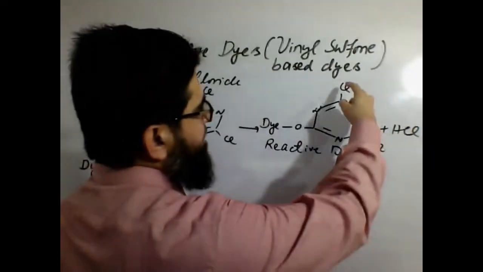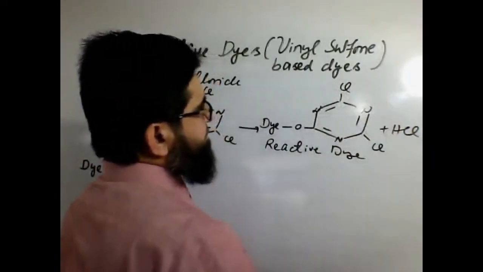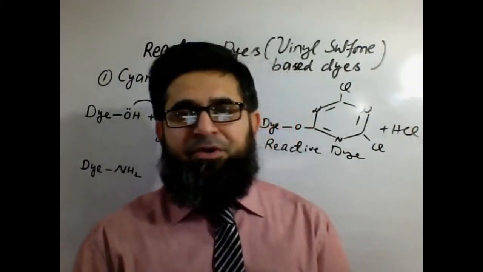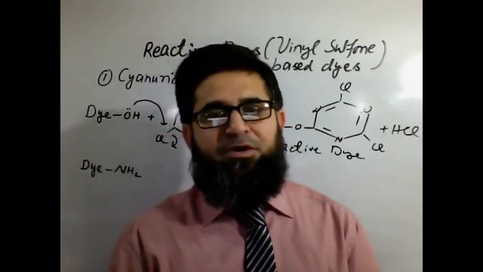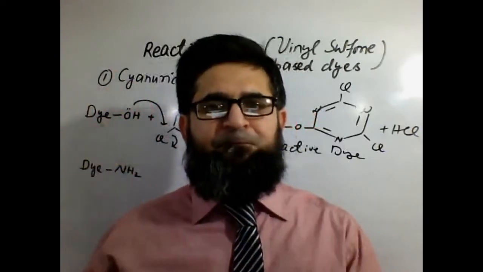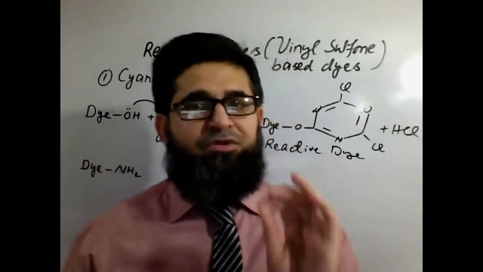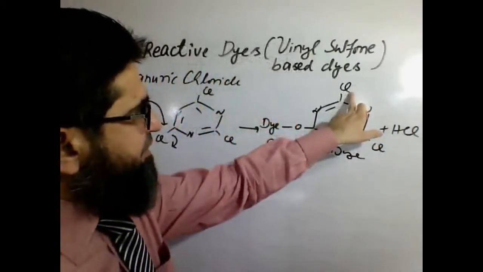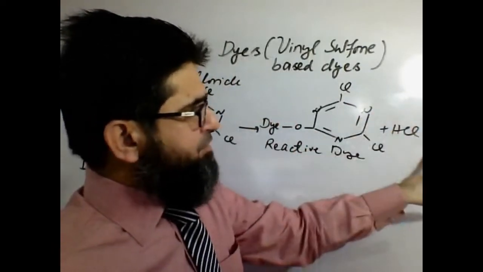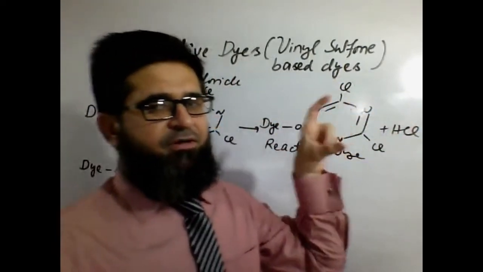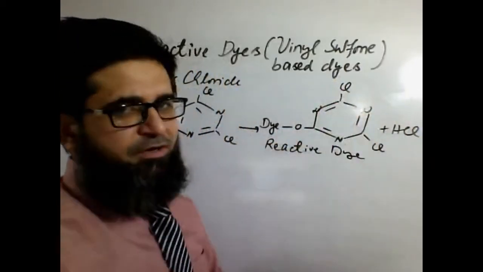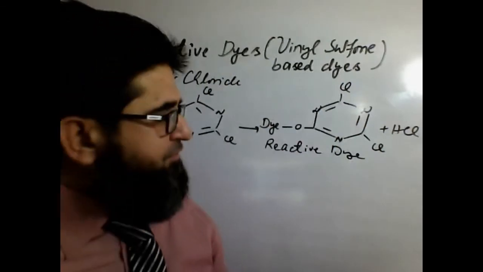The presence of two chloro groups in the final product, the reactive dye, means they are still available to react with the hydroxyl groups which are present on the cellulosic fiber. So they will react with the cellulosic fiber to make bonds with the fiber. As a result, this dye molecule will get fixed on the surface of the fabric fibers.